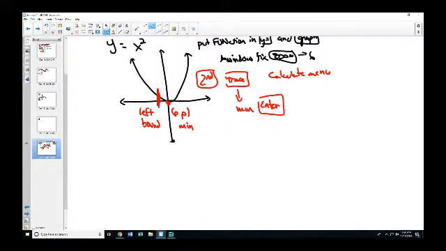Okay, to the left side of where the min is. Okay, and hit enter. It doesn't matter. Just to the left side of it, any point. The closer the better, because you're telling the calculator the minimum's in here.